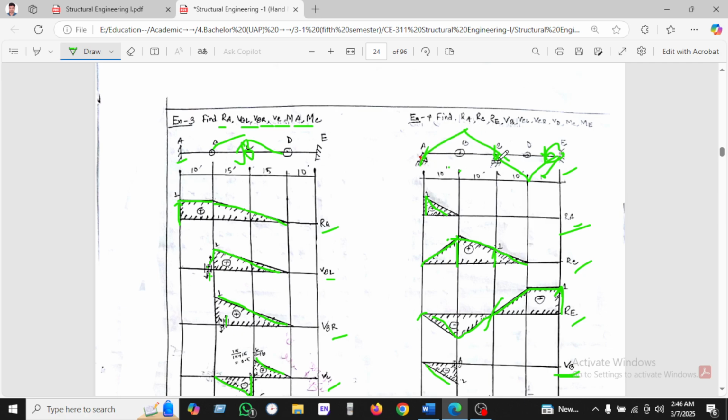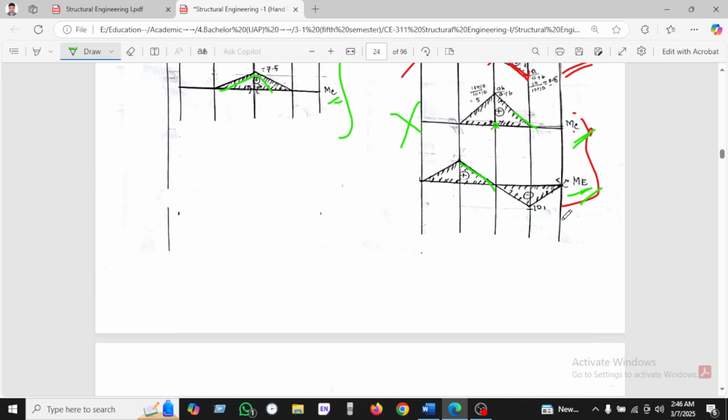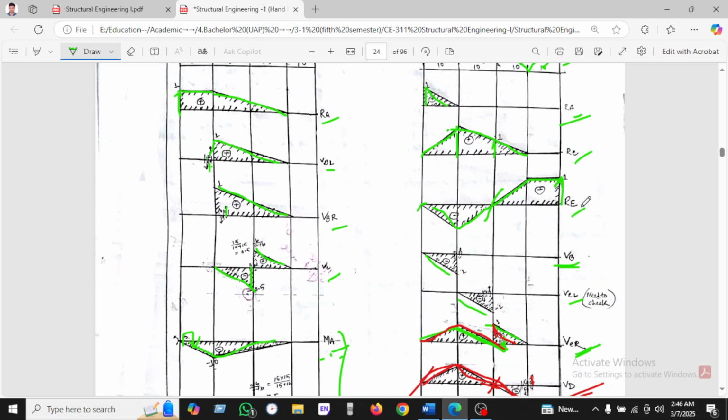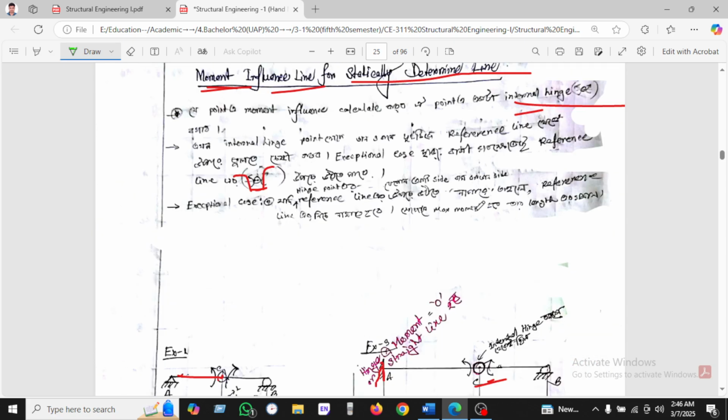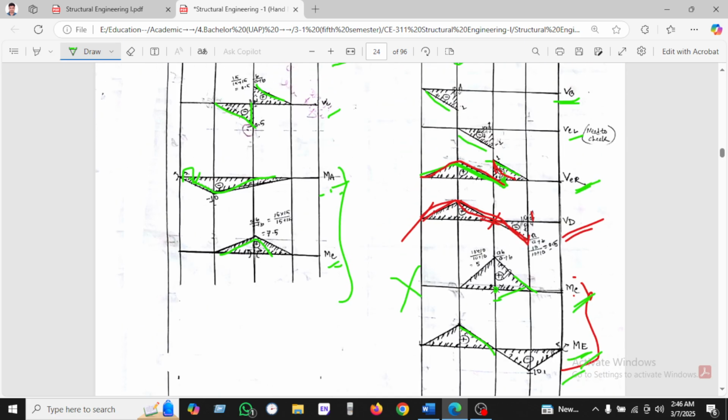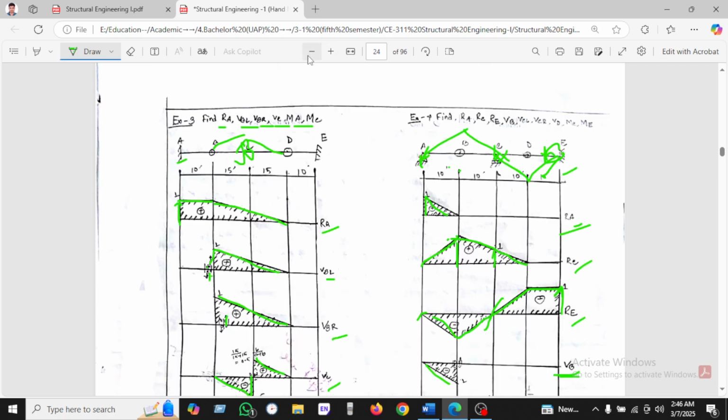As this is the support, this will be 0 and this will be 0. So this is the equation. Okay, so what will be this MC? MC will act another way, which I have been showing you. If you calculate MC, then it will not act this way or this way.